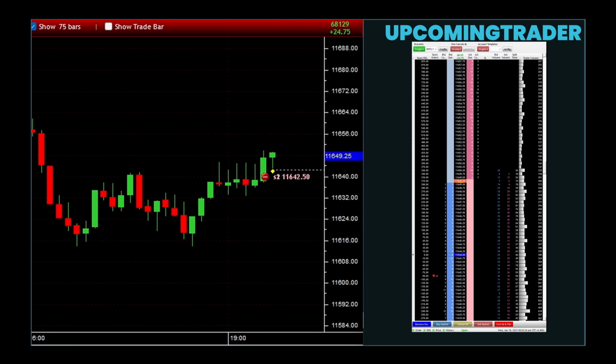Engulfing patterns at high volume areas can also be very powerful. For instance, a bullish engulfing candle at a high volume support area can indicate strong buying interest and a potential reversal to the upside.